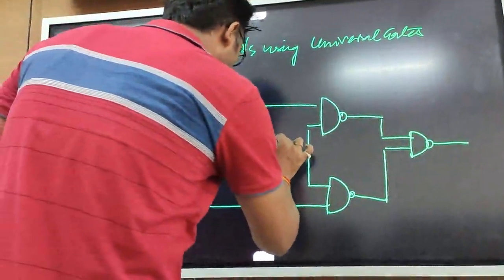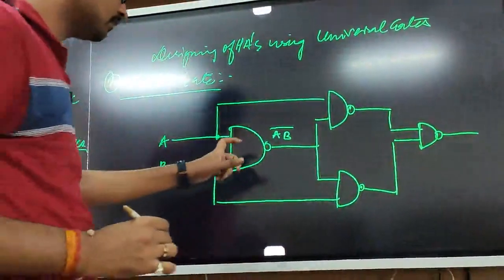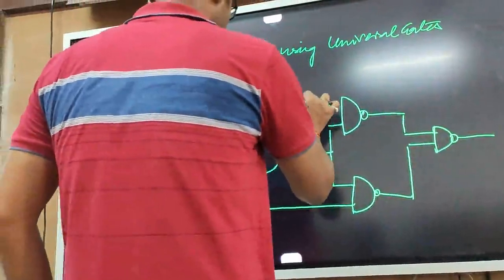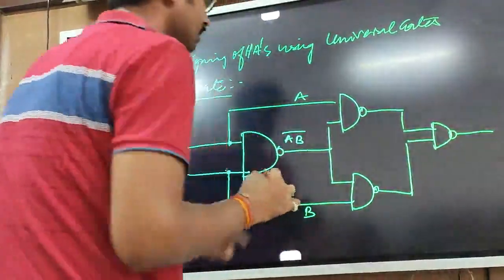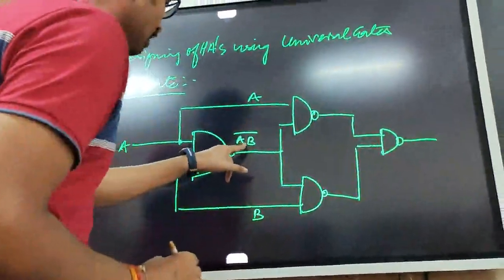Its output is AB whole bar. This is A, this is B, this is AB whole bar.